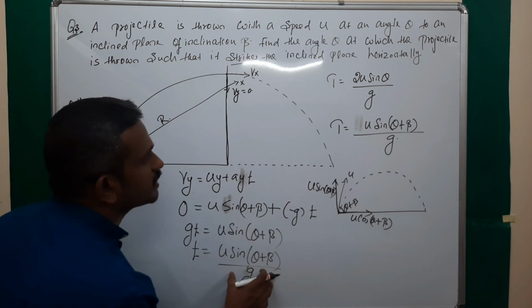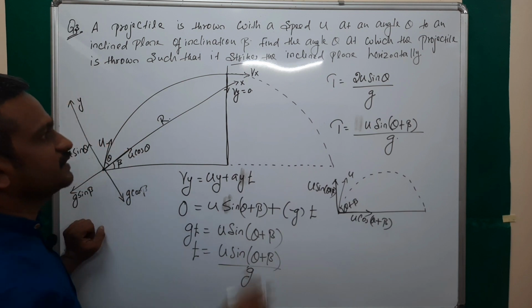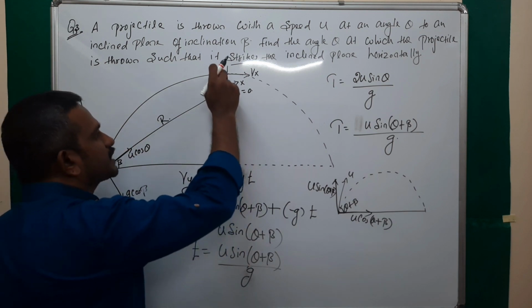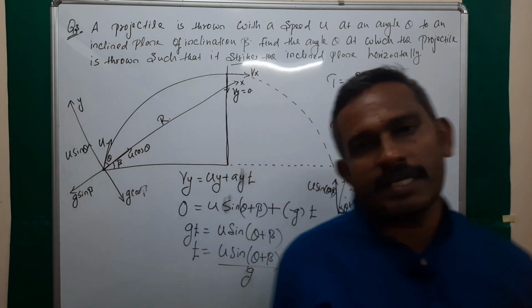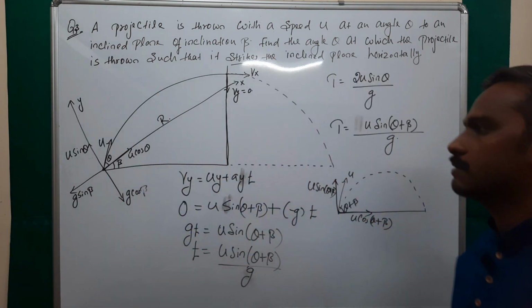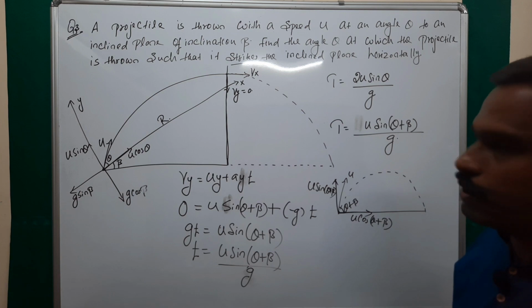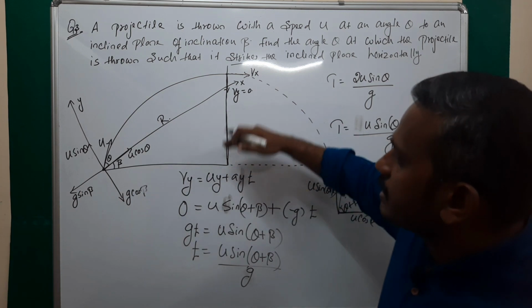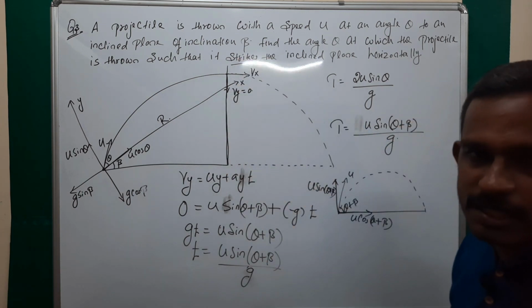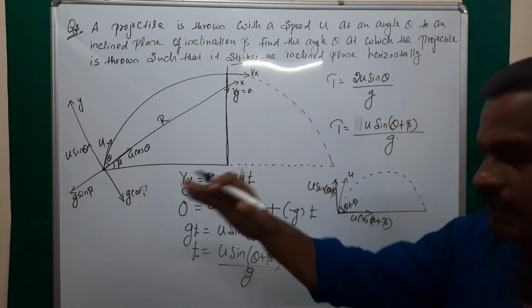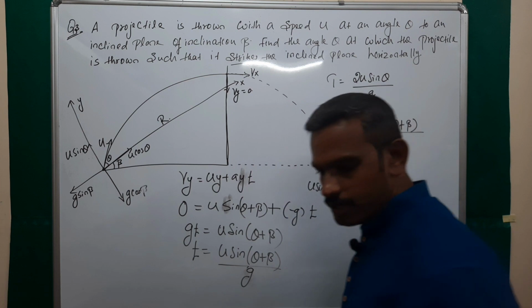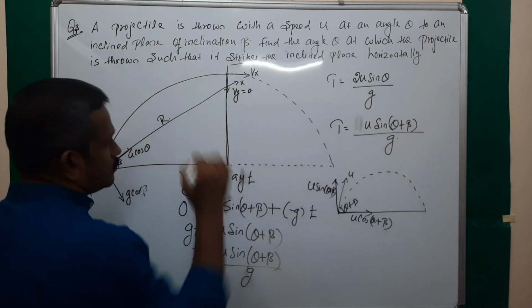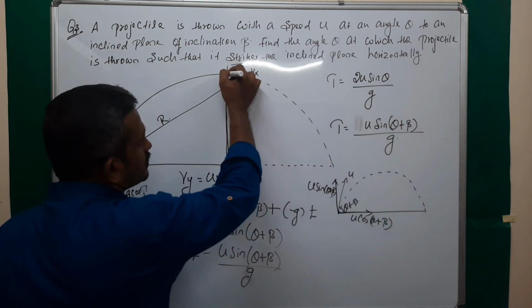From this, what can we understand? Yes, it is the maximum height of the horizontal projection. At the point of maximum height, the projectile moves horizontally.